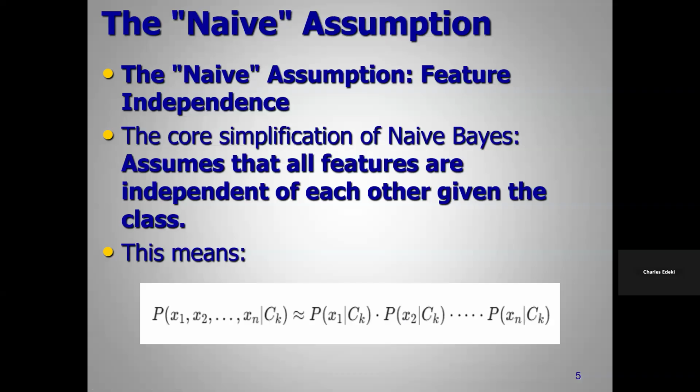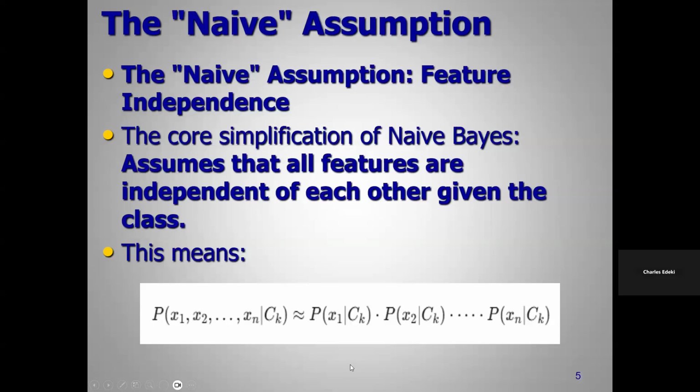It requires knowing the joint probability distribution of all the features within each class. That requires a lot of calculations, and the estimation has to be accurate also.